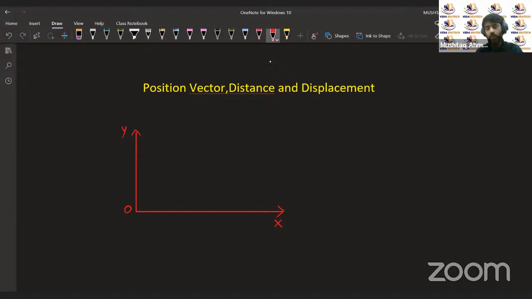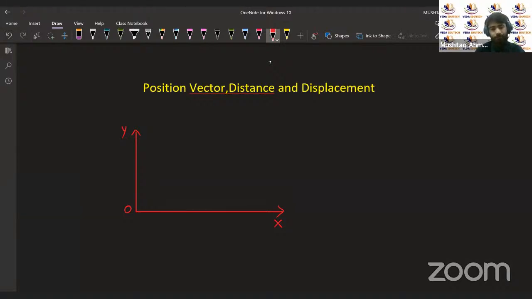Whenever a particle is moving along a straight line, we say that the particle has a one-dimensional motion. And for curvilinear motion, the particle can move in two-dimensional space, or in three-dimensional space as well. That motion we call curvilinear motion, right? But in today's lecture we'll be discussing only rectilinear motion, it means the motion along one dimension, right?